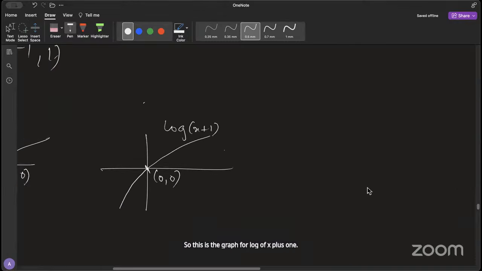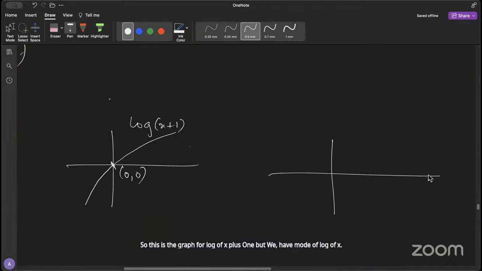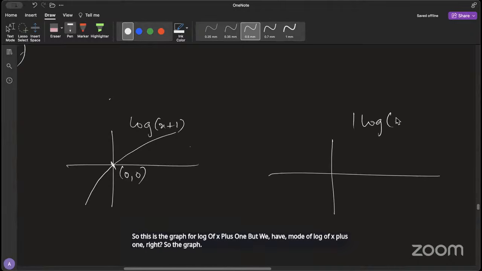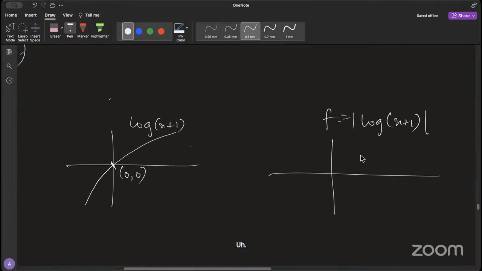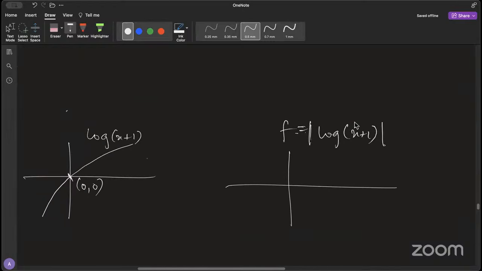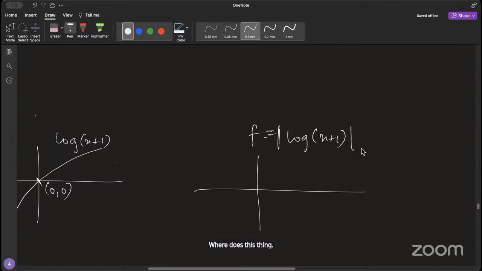But we have mod of log of x plus 1, right? So how do you find the graph for mod of log of x plus 1? Where does this thing become 0? Log of x plus 1 becomes 0 at x equals 0. So at x equals 0, this becomes 0.